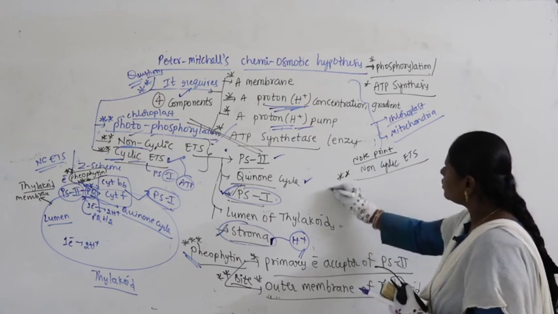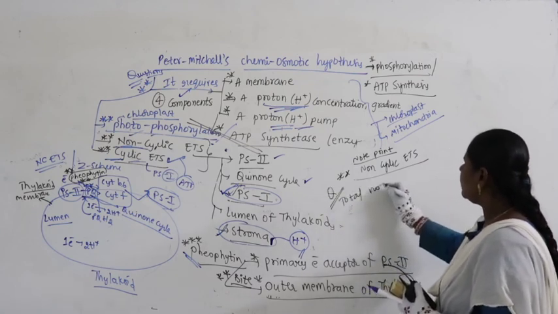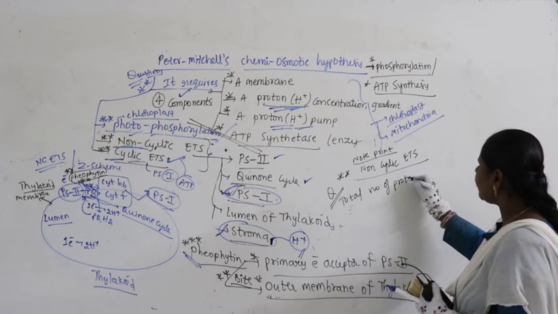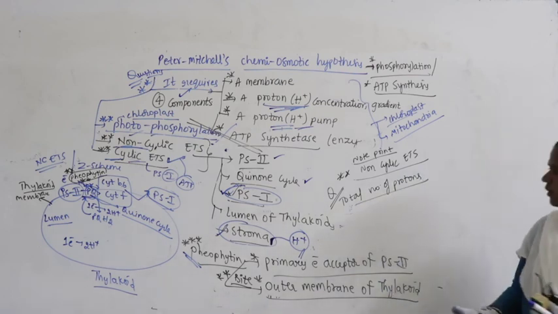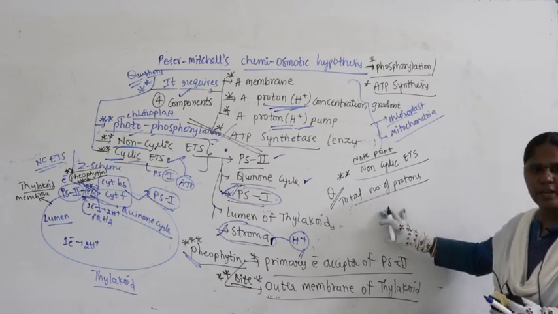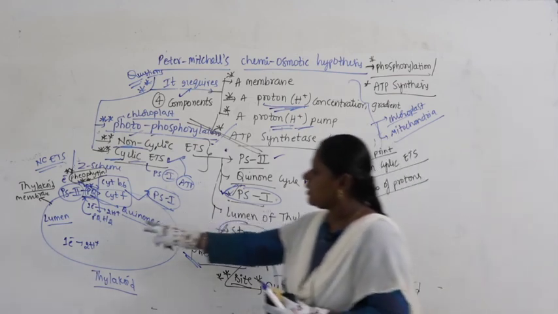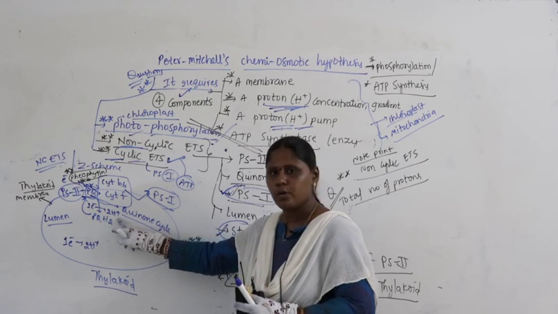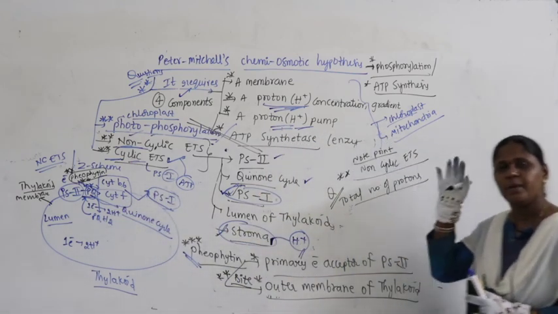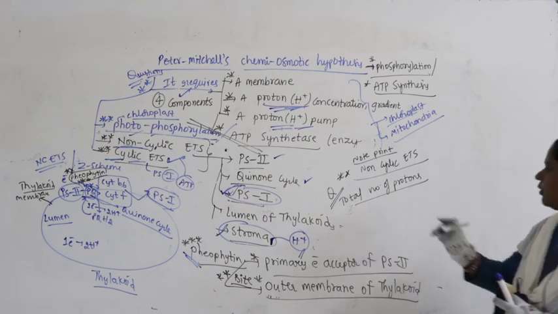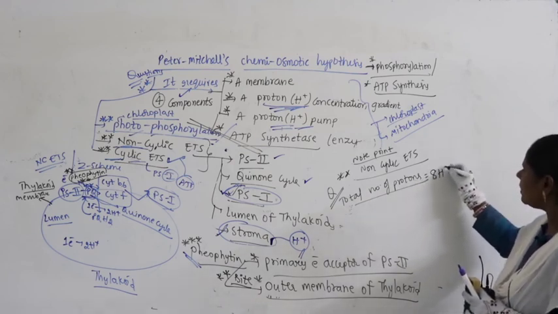Sometimes you may get the question of the total number of protons participating in the non-cyclic electron transport system. One electron, 2 protons, and the second electron, 2 protons, makes 4 protons. From the stroma, 2 protons makes 6, and in NADPH, 2 protons, making 8. The total number of protons is 8.